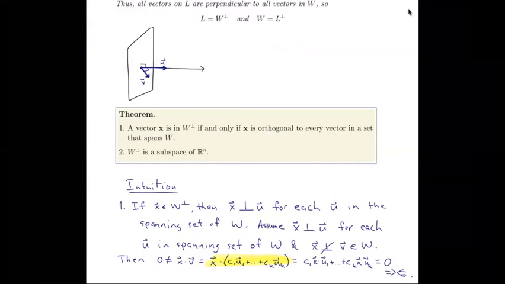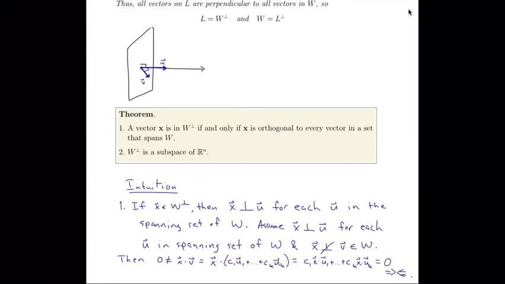Once we distribute the dot product, we see that X plus Y dotted with any vector V in W is going to be 0, so X plus Y is a member of the orthogonal complement. So it's closed under addition.